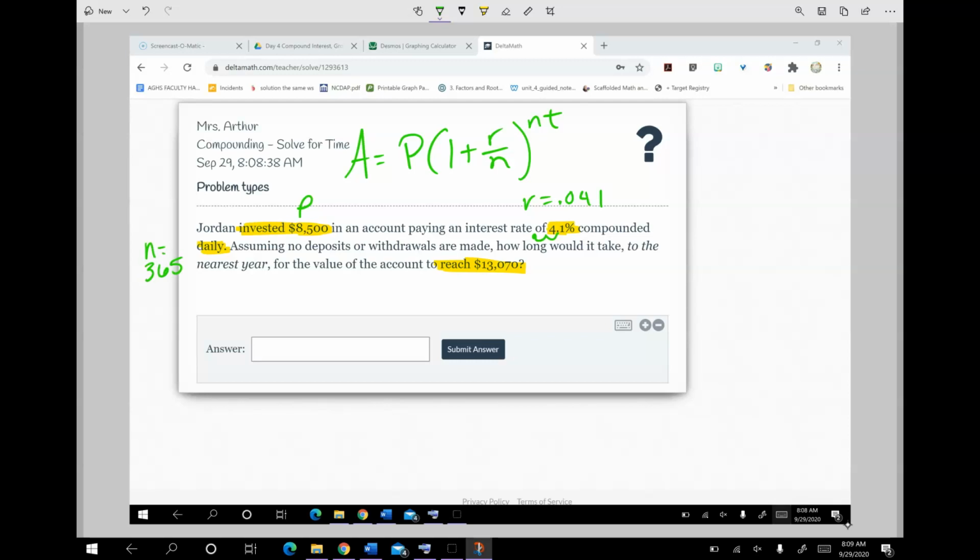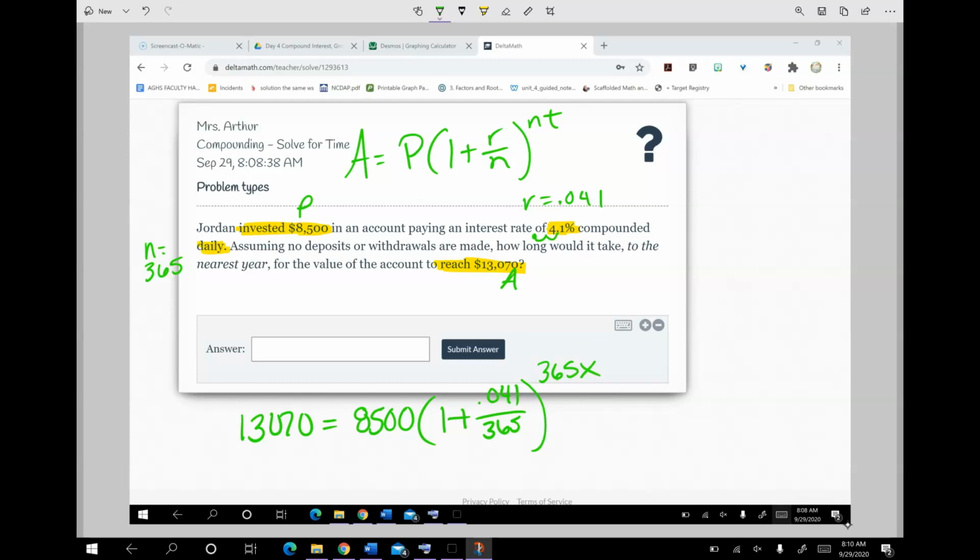And then I want to reach this, so that's my end game, so that's my A. So my equation will be 13,070 equals what you invested, which is 8,500, times 1 plus my R over my N. And again, my T is unknown, so we're going to change that to an X when we type it into Desmos.